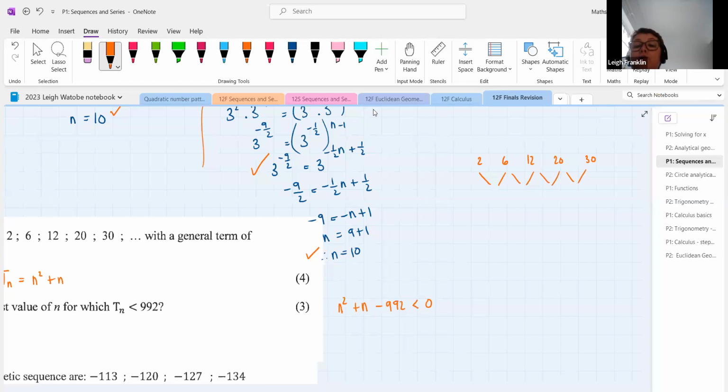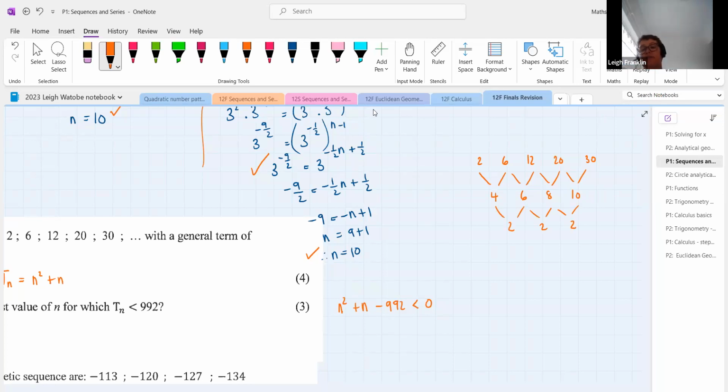Remember, term 2 minus term 1, term 3 minus term 2, term 4 minus term 3, and in this case, term 5 minus term 4. There's your first differences. Now you find your second differences. Again, term 2 minus term 1. Your first differences are always a linear pattern.